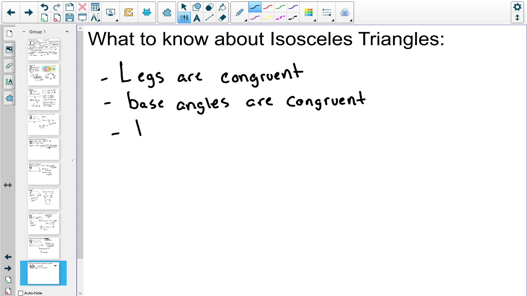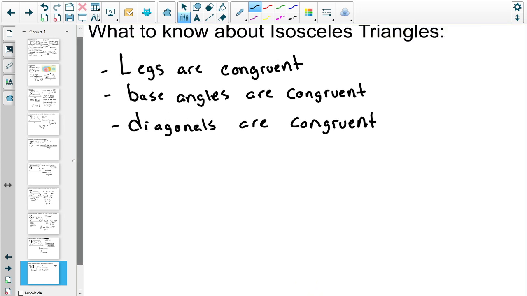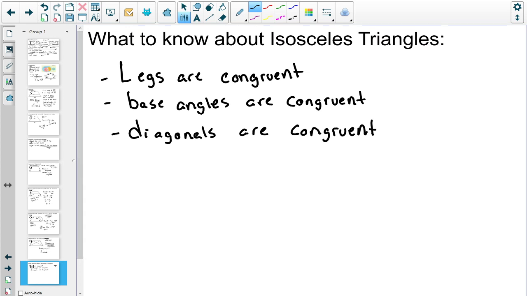And the diagonals are congruent. And if you go through and write down all these properties and you understand each of these properties from each slide, you're going to be looking good for this section of the test. This seems like a lot of information about one shape. We did write a lot down, but in the end, there's a pattern you can kind of follow.